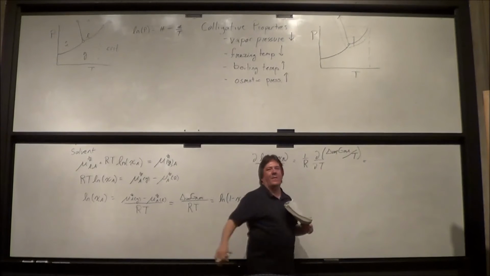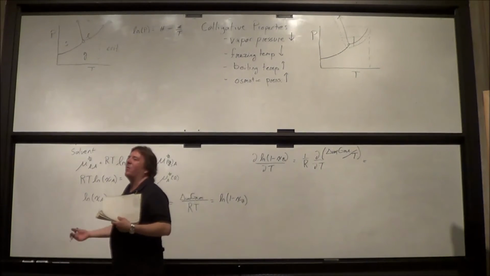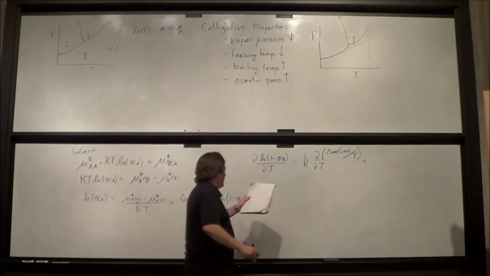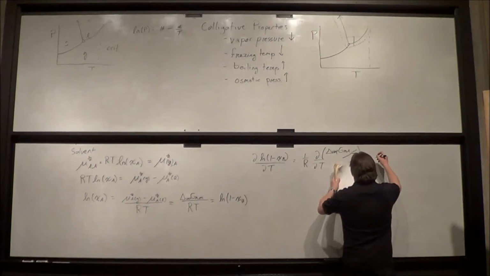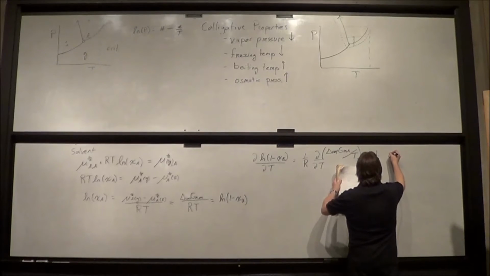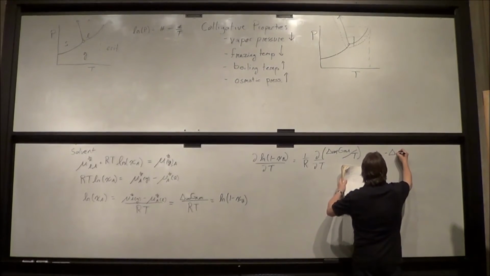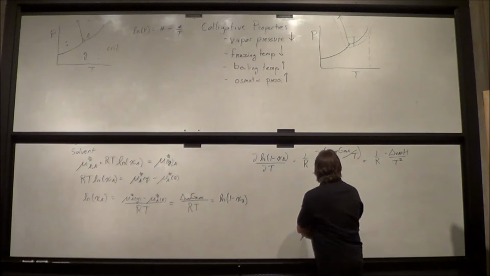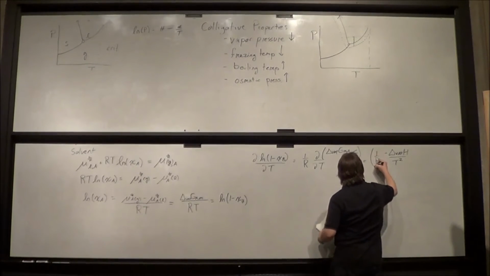Change in G over T. Remember, this has come up over and over and over again. And of course, this is going to be 1 over R minus the enthalpy, right, not the G, the enthalpy over T squared. So, sorry, this is a little odd.